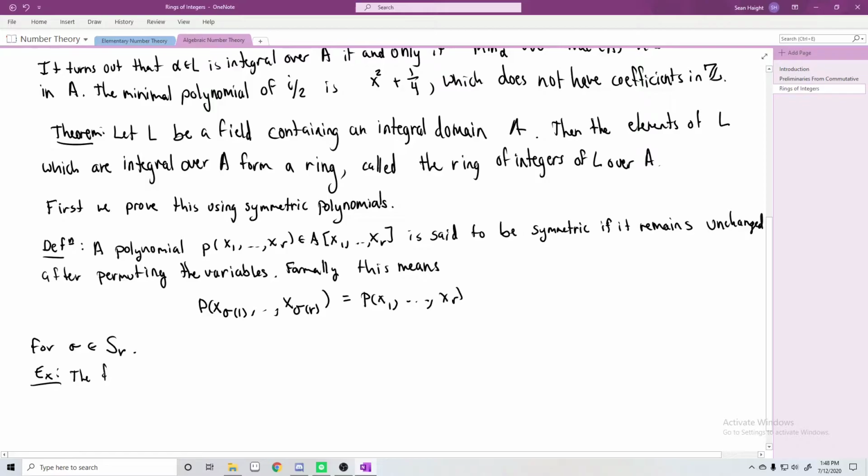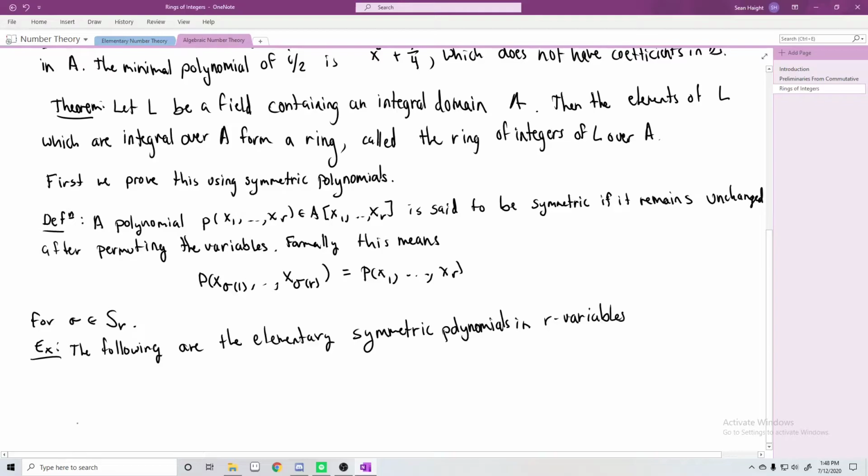So the following are the elementary symmetric polynomials in r letters, or I guess I would say in r variables. Okay, there are going to be r of them.